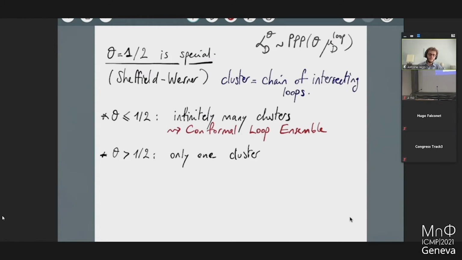The first one is when theta is smaller or equal than a half. It turns out that there are infinitely many clusters. And in that case, the outer boundary of the outermost clusters form what's called a conformal loop ensemble. Whereas if theta is strictly larger than a half, then there is only one cluster. So from this perspective, theta equals a half is a very special point.